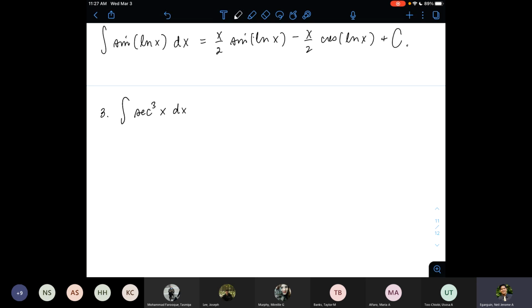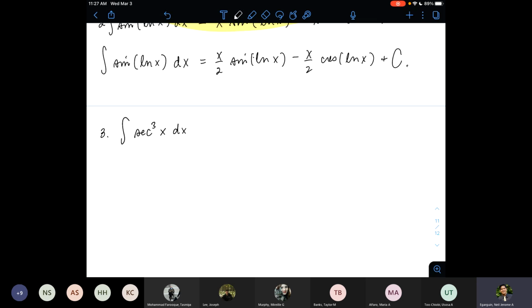I'm not familiar with the quiz number, sorry, but I guess this is still under IBP, but you can also categorize it under section 8.2, which is about the powers of trig functions. So I was thinking whether to answer it at this point or defer it for next meeting. But since this was asked multiple times in the chat, I decided to do it here.